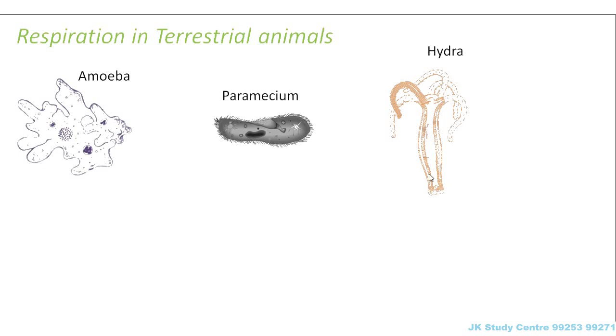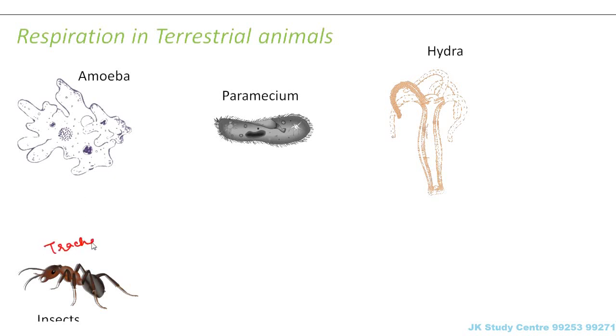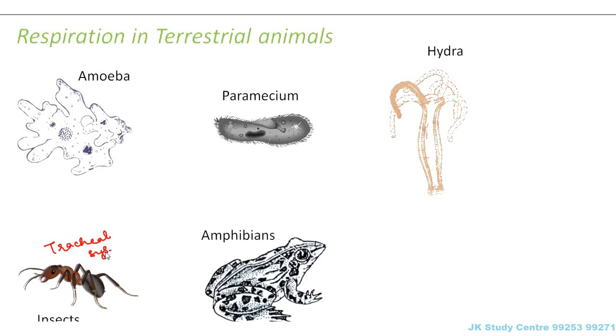Whereas some other organisms like insects have a tracheal system. What is the tracheal system? It is basically a system of tubes. Some air tubes are present inside the body through which the respiration takes place. In case of amphibians, they have lungs as well as their skin.